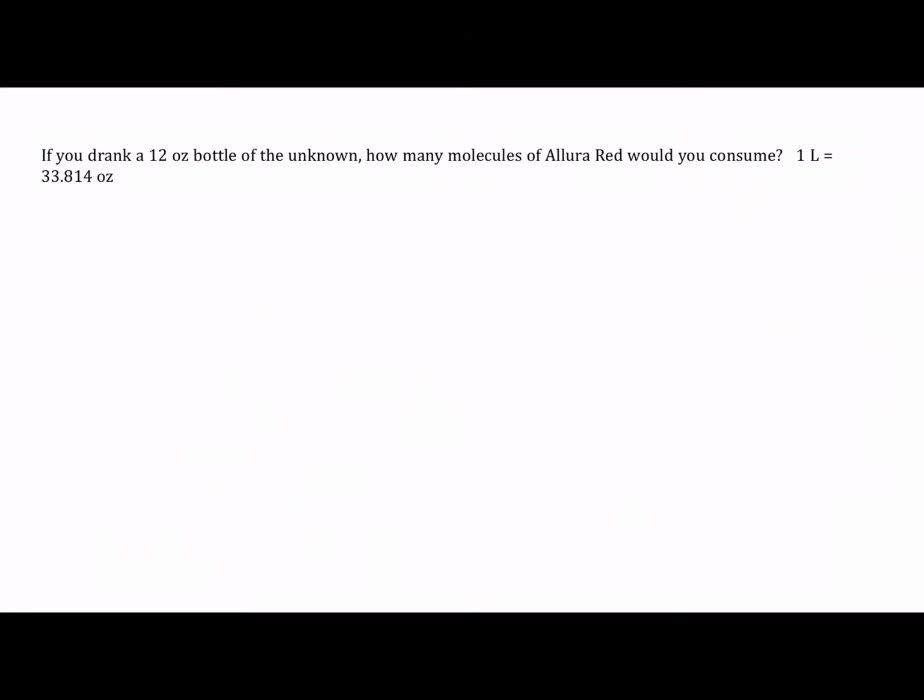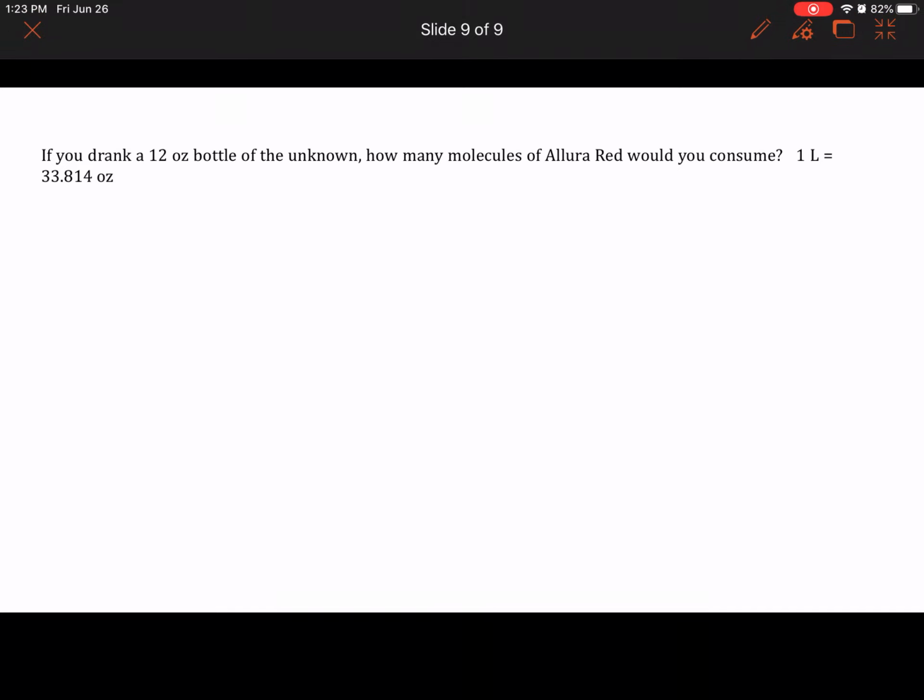Okay. Next, if you drank a 12-ounce bottle of the unknown, how many molecules of Allura red would you consume? We are given 1 liter is 33.814 ounces. So you use the concentration that is given in moles per liter, 1.342 into 10 to the negative 4 moles per liter.